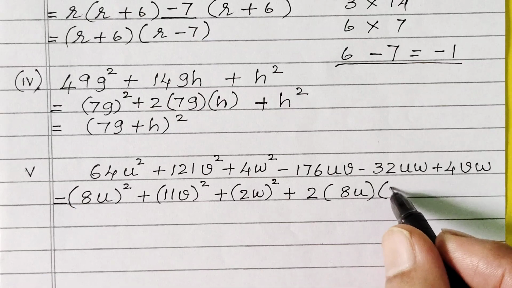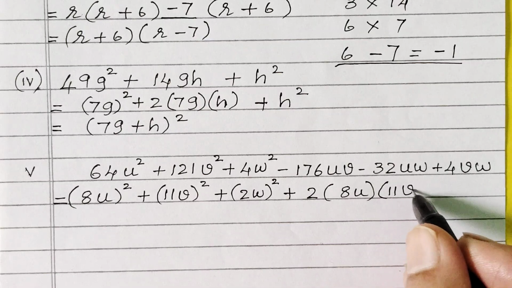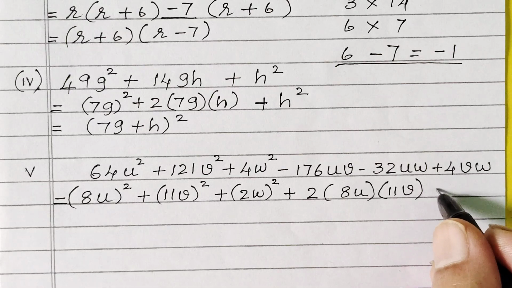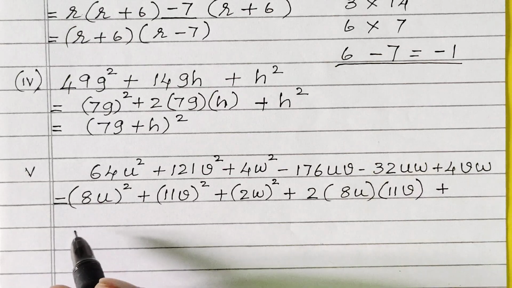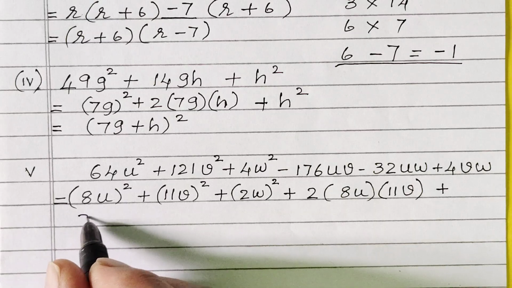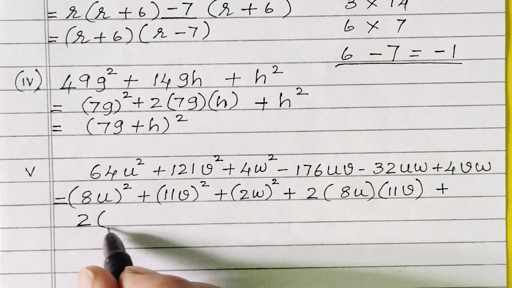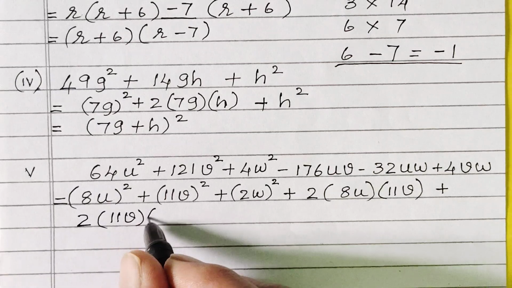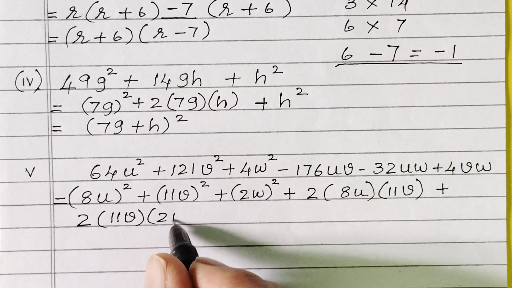B is what? 11v. 2ab plus 2bc. 2 into b is what? 11v into 2w.